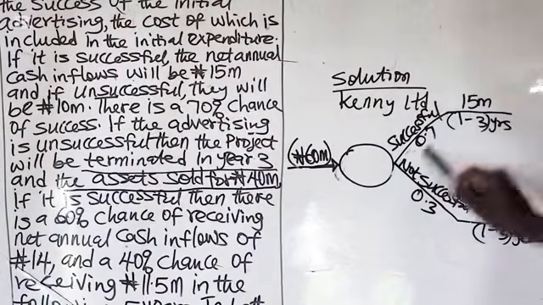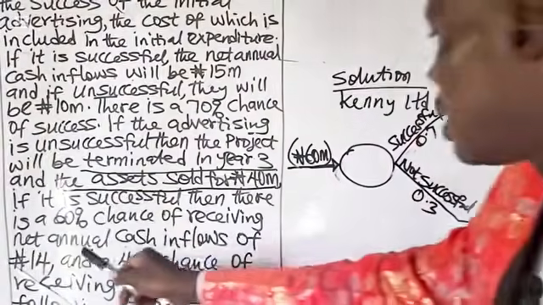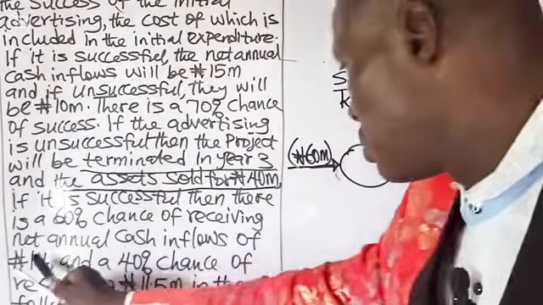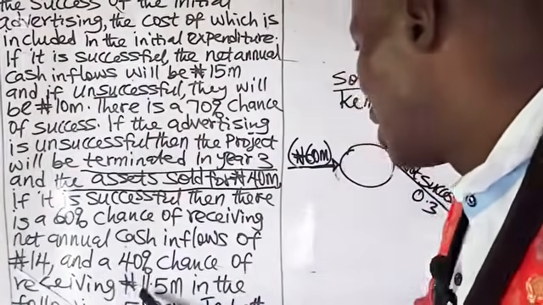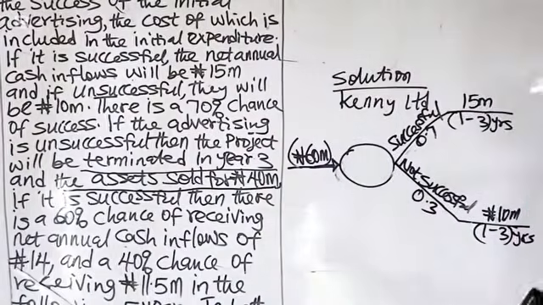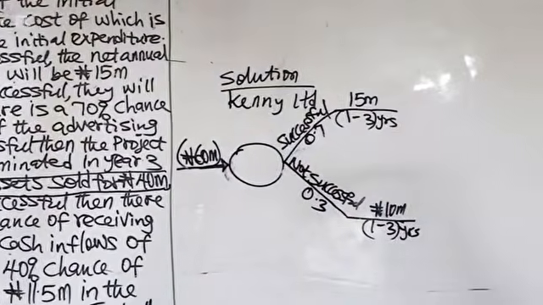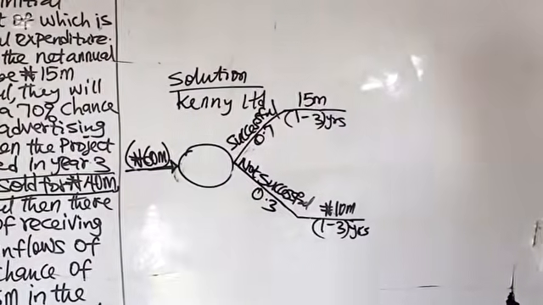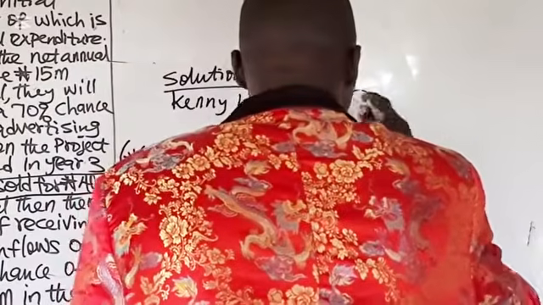If it is successful, then there is 60% chance of receiving net annual cash inflows of 40 million and 40% chance of receiving 11.5 million in the following 5 years. Now you have 2 possible options. If it is successful, you have 2 possible cash flows and their attached probability.